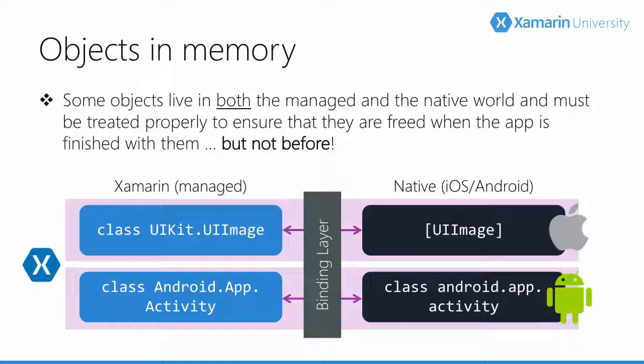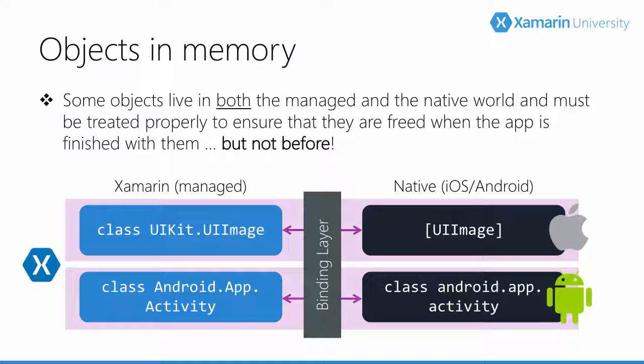We have a native memory representation that is the native handle to the operating system thing that we're interacting with. And then we have a managed, typically a wrapper, that wraps that object and gives us access to it from our C# code. And we've got some sort of layer that's going to provide the interaction between these two halves of the object. And so here what you can see is we have a UIKit UIImage, which is the C# representation of something.